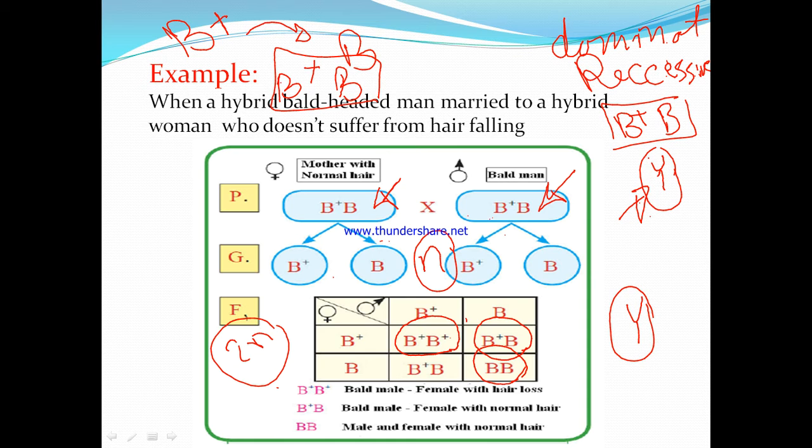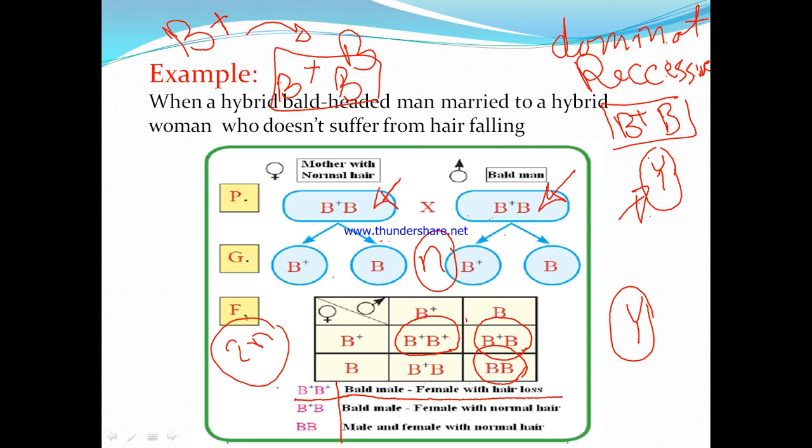So for the first genotype, B positive B positive, the male will be bald because he carries the pure allele, B positive B positive.